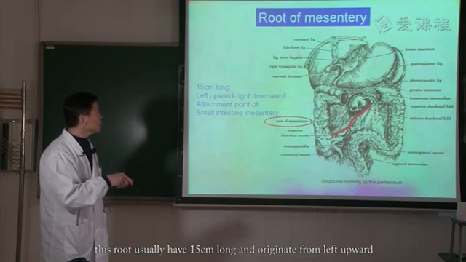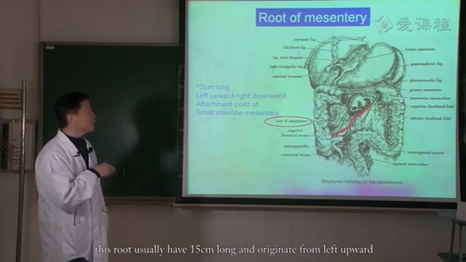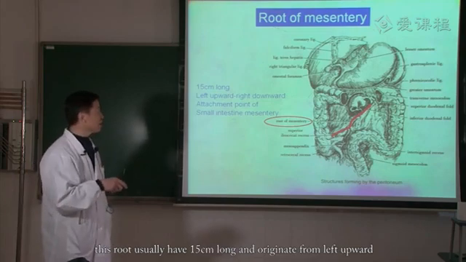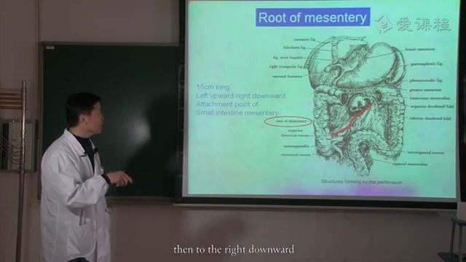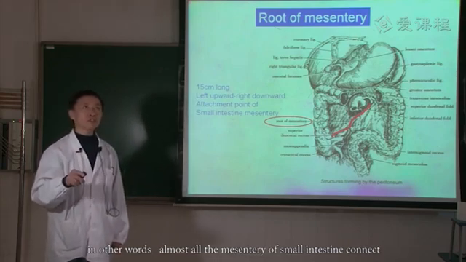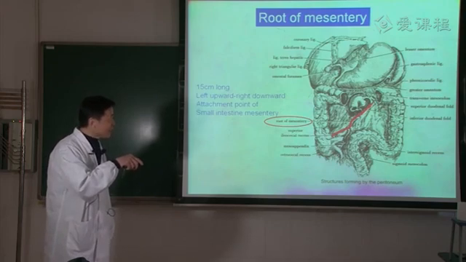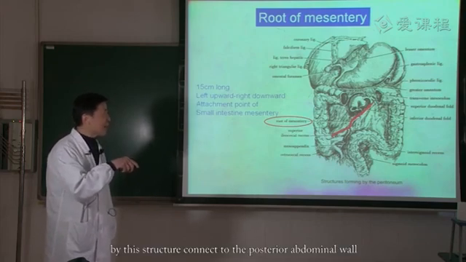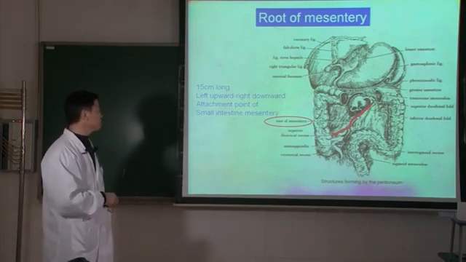This root is usually about 15 centimeters long, running from the left upward to the right downward. In other words, almost all of the mesentery of the small intestine is connected by this structure to the posterior abdominal wall.